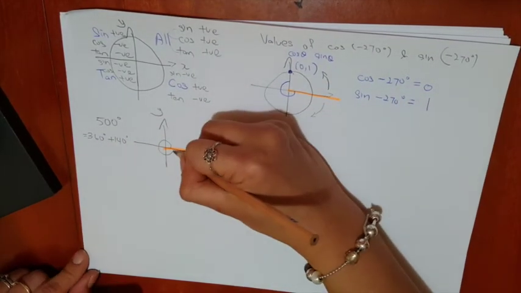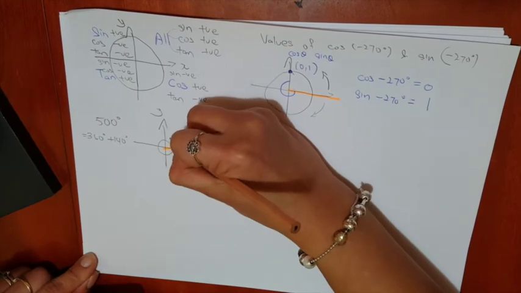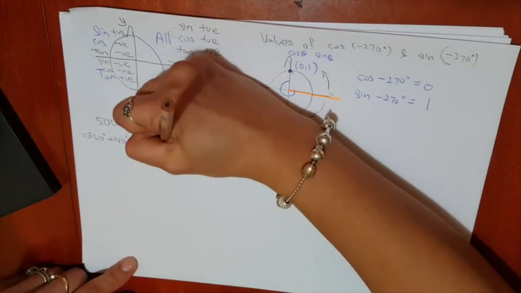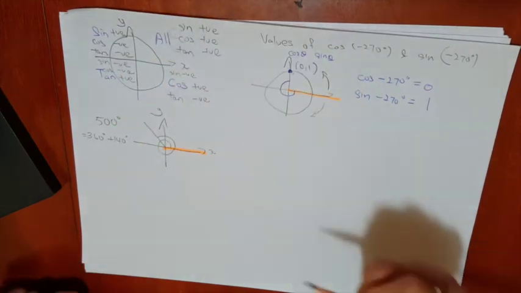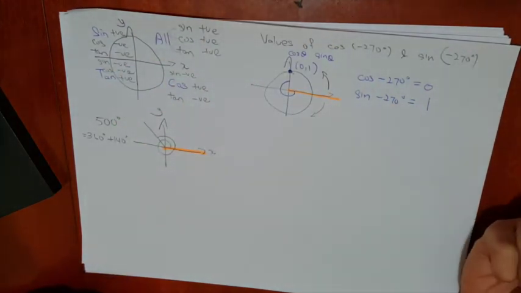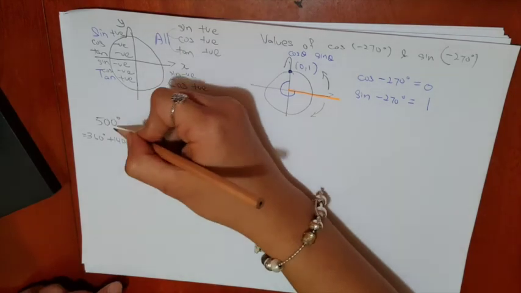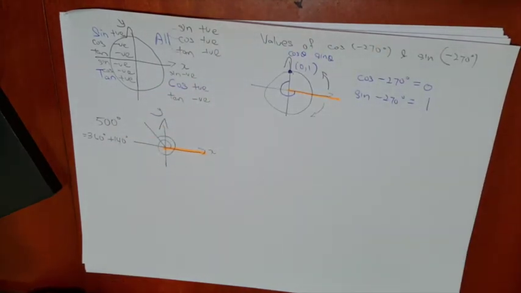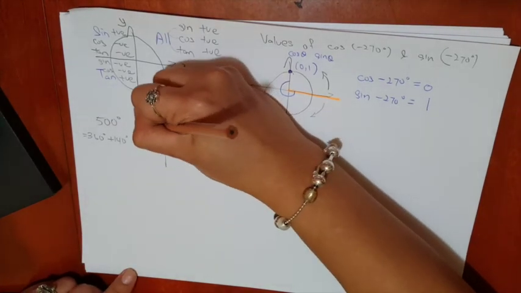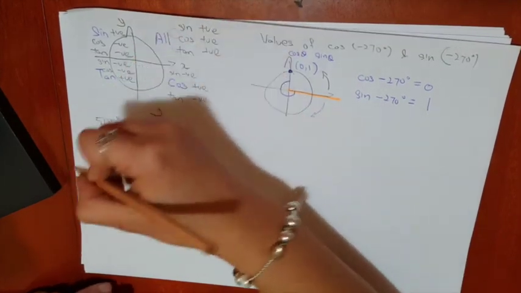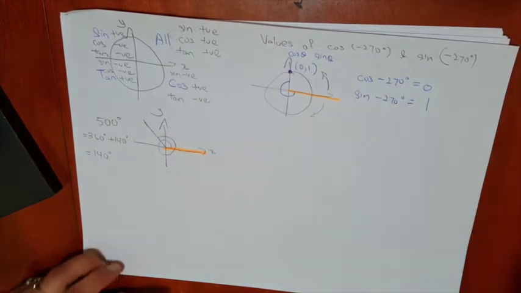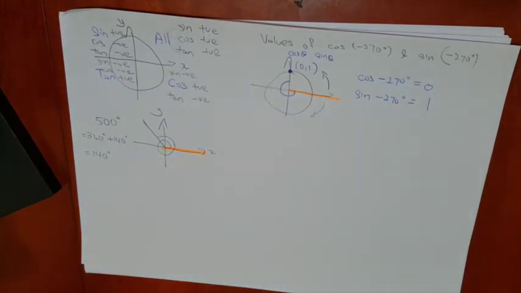So from here, we continue on until it's 140 degrees, and therefore it is this line over here. So is there any difference if it's 500 degrees or 140 degrees? Not really if it's on a unit circle, because they will end up on the same line. So therefore, 500 degrees can be written as 140 degrees in a unit circle, and it will still look the same.